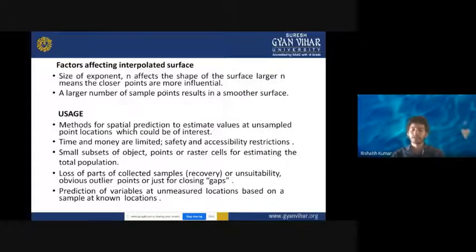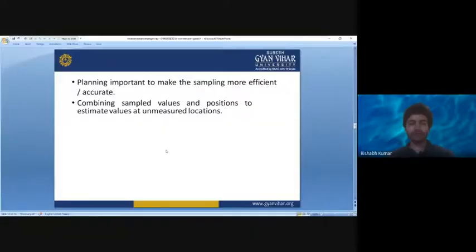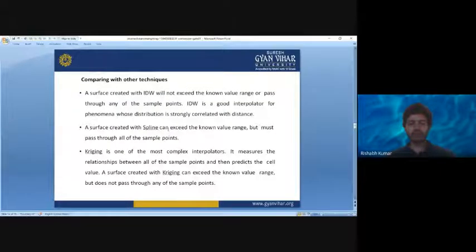Okay, तो जितनी ज़्यादा आपकी n की वैल्यू बढ़ेगी, उसका क्या मतलब हुआ कि जो जितने पास पॉइंट है उनका इन्फ्लुएंस उतना ज़्यादा और इंक्रीज हो जाएगा। ठीक है, larger number of sample points result in smoother surface. ओके, तो अगर आपके पास जितना ज़्यादा सैम्पल पॉइंट्स होंगे आपके, उतना आपका स्मूथ सरफेस होगा। Now let us compare the IDW method with the other techniques.